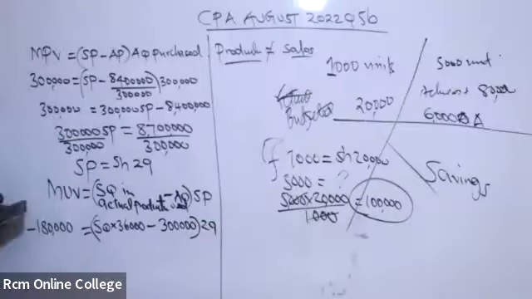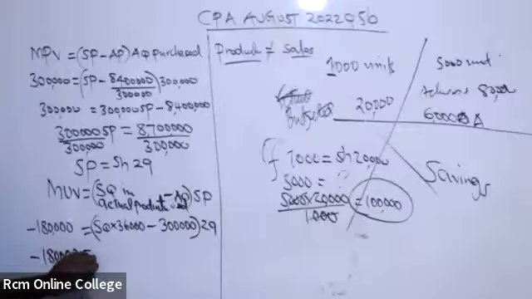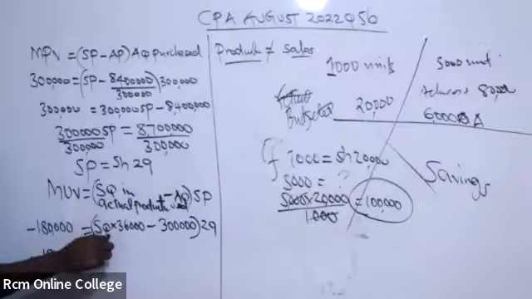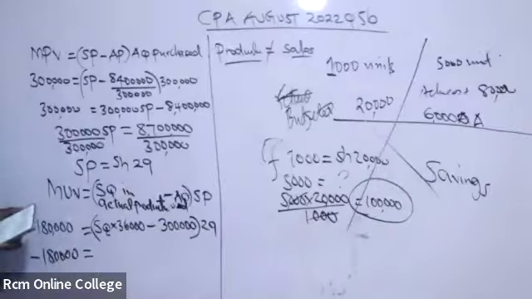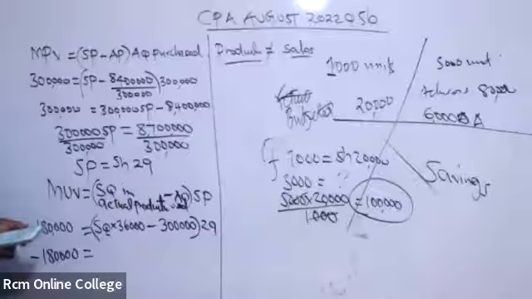So let's break the bracket. A negative of 180,000 is equal to standard quantity, a known figure, times 36,000 times 29. In simple terms, just take 36,000 by 29. What are you getting? 1,044,000.